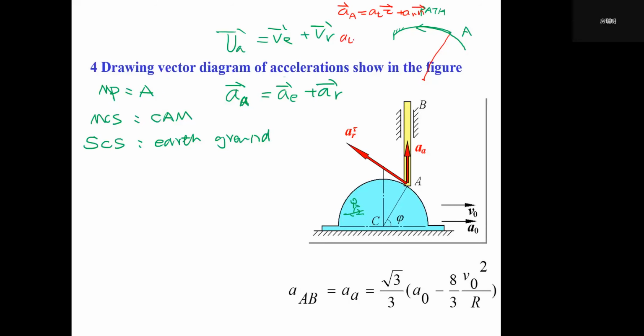And our a tau will equal what? S double dot along the tau direction. And our an will always equal v squared over rho, right? V squared over rho. So here, in our example, this should be VR. In this example, we also know this AR will have two components.